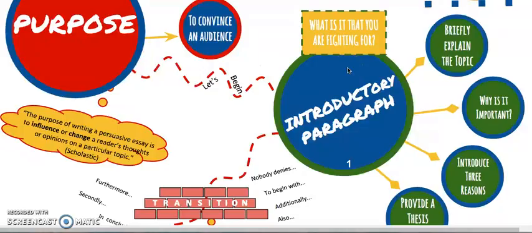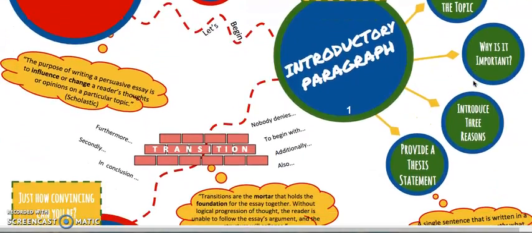After your hook, you're going to briefly explain your topic. What is your paper about? What topic are you discussing? Next, you're going to give your position. Why is it important that you agree or disagree with this?